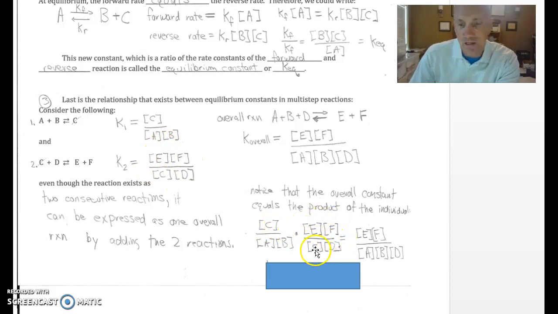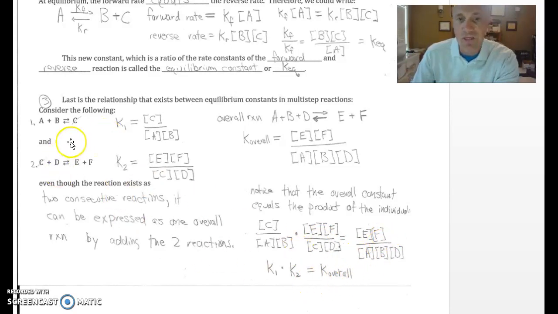If we did that, you'll notice that the concentration of C here would cancel with the concentration of C right here, and we would be left with this expression. Notice that this expression we got from multiplying these two things is the exact same thing as the overall equilibrium constant if we were to do that from scratch from this written reaction. So that's a little mathematical proof that the equilibrium constant of the first reaction times the equilibrium constant from the second reaction is going to equal the overall equilibrium constant.